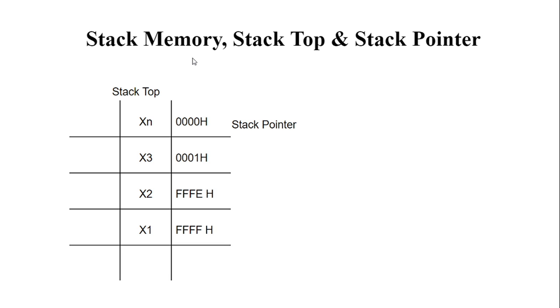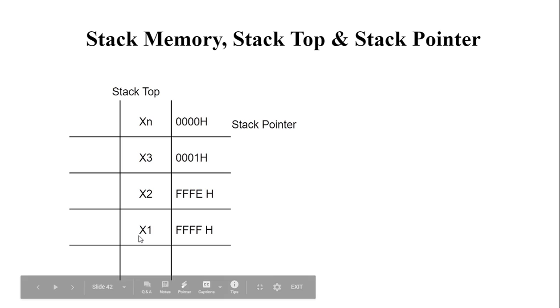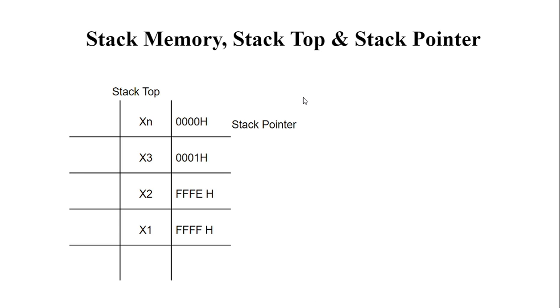Stack memory is the memory in which we are storing the content from bottom to the top, while the simple memory is the memory in which we are storing the content from top to the bottom. Stack top is nothing but the last memory content which is stored in the stack memory.